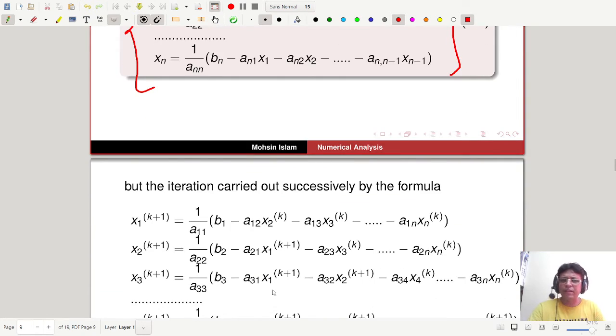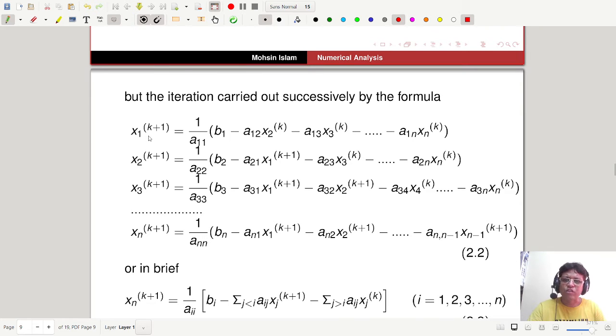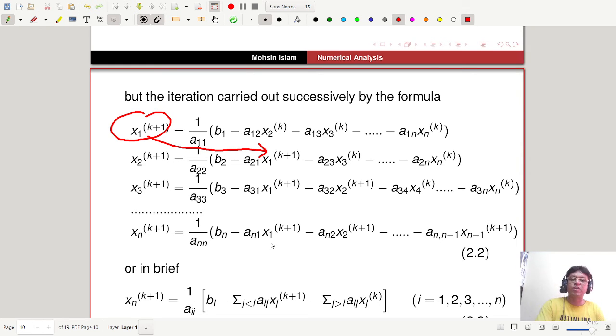But you look at that, iteration is carried out successively by the formula x1 to the power k plus 1, and on the right you have x2 to the power k, x3 to the power k, xn to the power k, where k is the iteration stage. But you have calculated x1 k plus 1 in the previous step, and you can use that here in the next equation, not in the next iteration.